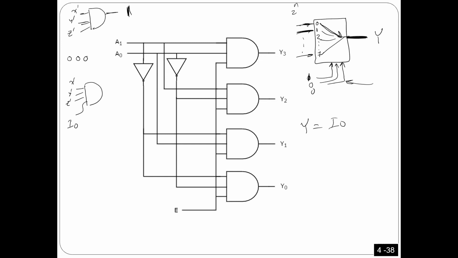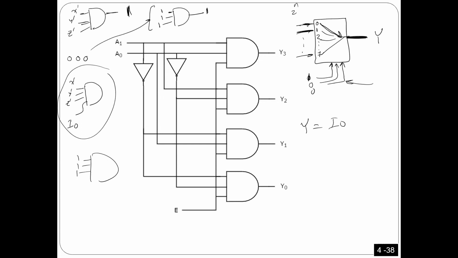But wait a second. How does this make a difference? I'm gonna tell you how it makes a difference. In the case of the decoder, what happened? I had here 1, 1, 1. That's why I got 1 when the input is 0, 0, 0. So this one here becomes 1, 1, 1, then I get 1. Look at this one here now. If the selectors are 1, 1, 1, that means I selected this one.